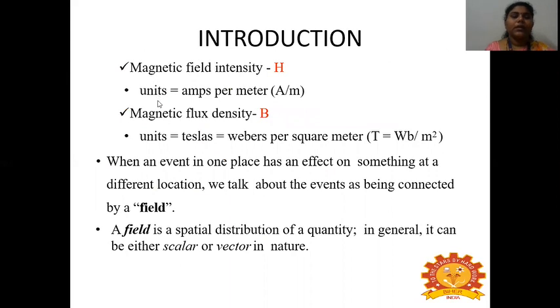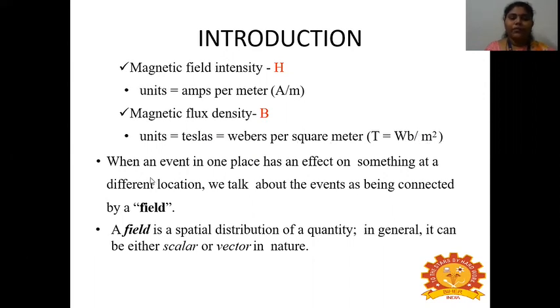Next is regarding the magnetic field. Magnetic field intensity is denoted as H and its unit is ampere per meter, that is A/m. Next is magnetic flux density, denoted as B, and its unit is Tesla, which is equal to Weber per square meter.